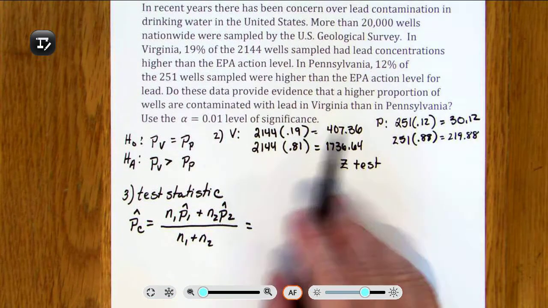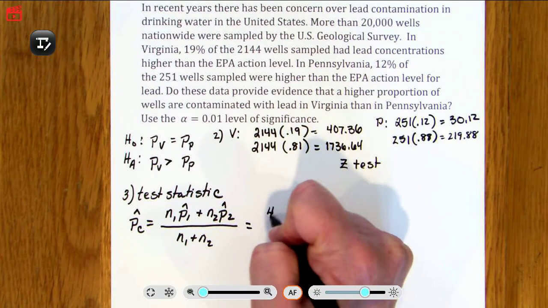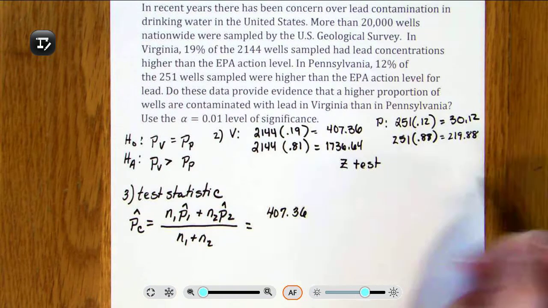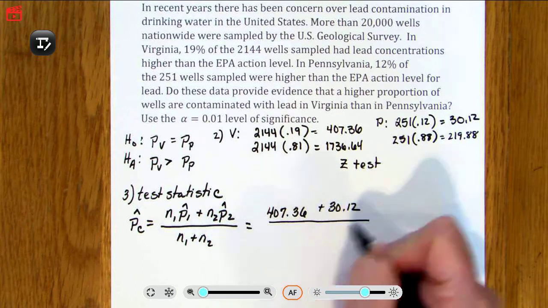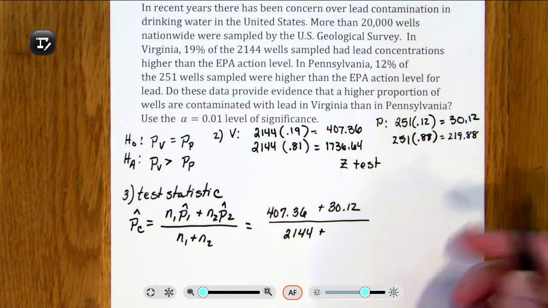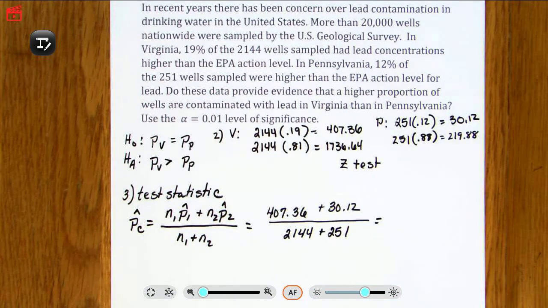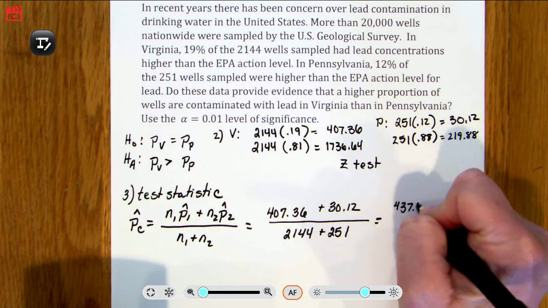In our example, this n1 times p1 is the number we got here, so that's my 407.36. We will be adding that to our 30.12, and we'll be adding our 2144 and our 251. So 407.36 added to 30.12, I get 437.48.